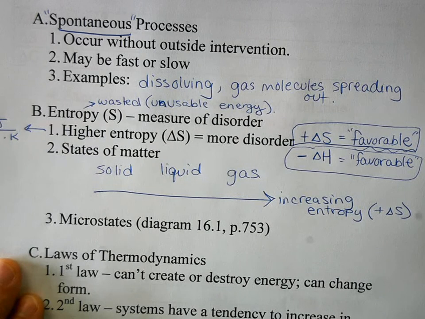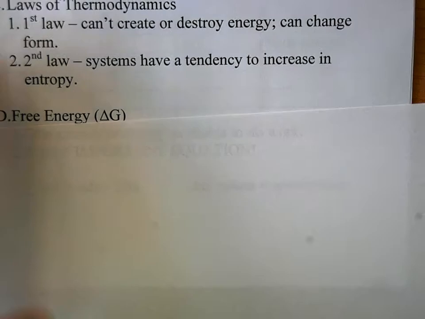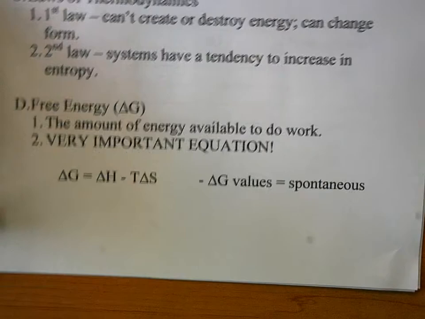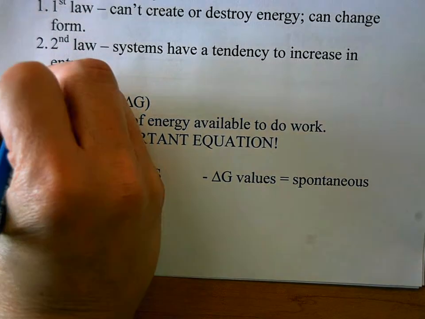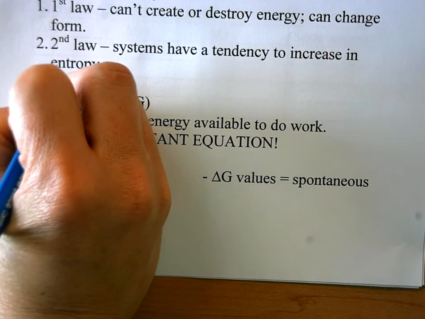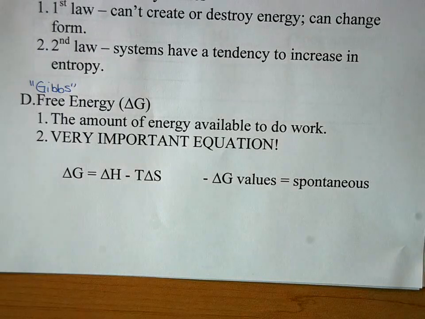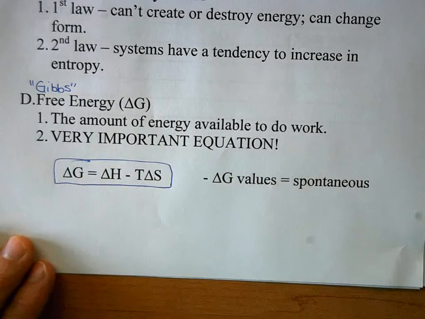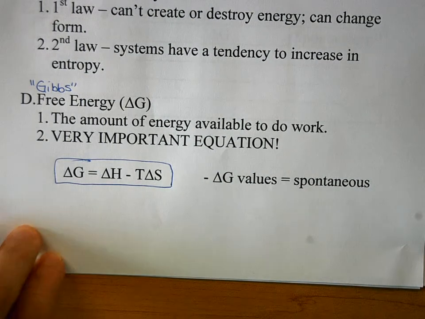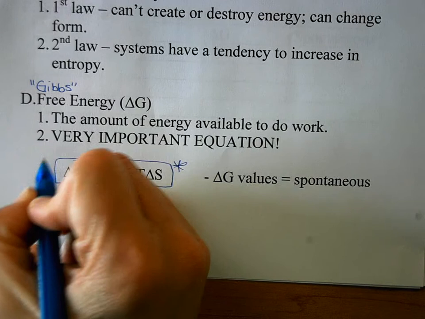But if you're looking at both of those at the same time at certain temperatures, it throws in a whole new idea, which is something called free energy, or Gibbs free energy, which is where the G comes from. And this equation will be very important for you to manipulate, understand, calculate with, and memorize. This is a definite memorize equation.